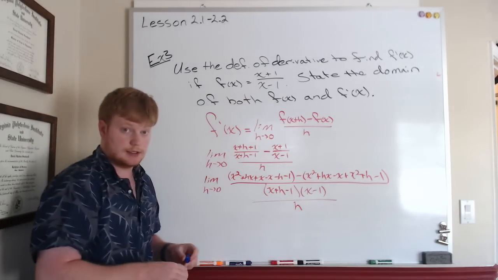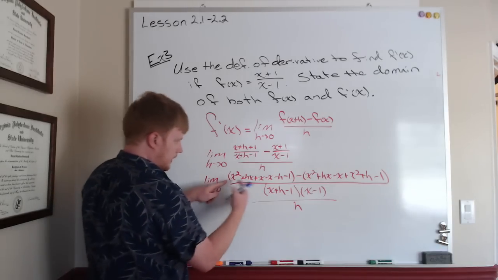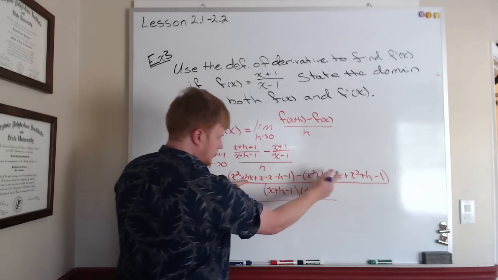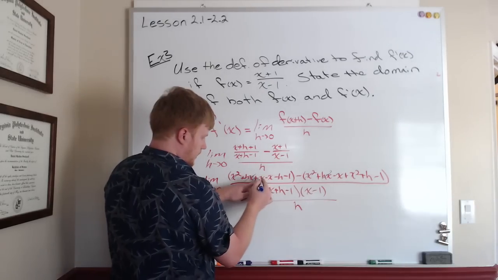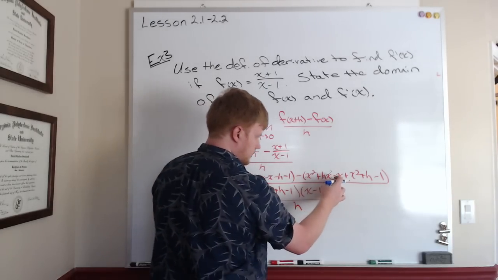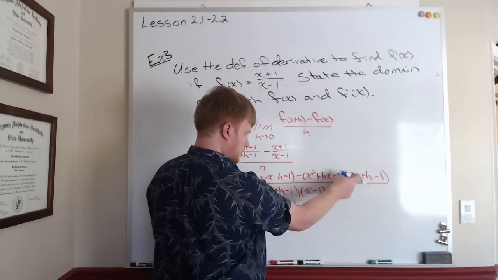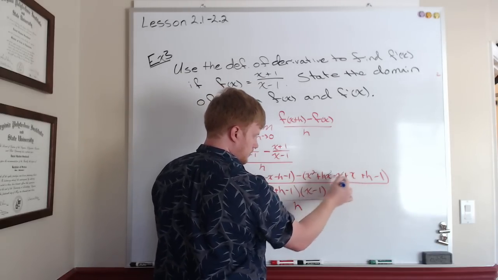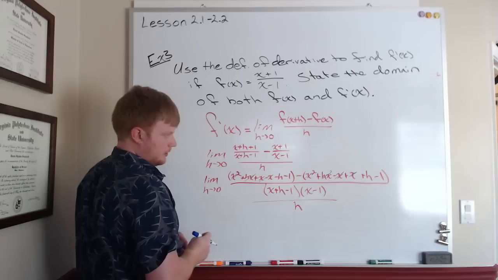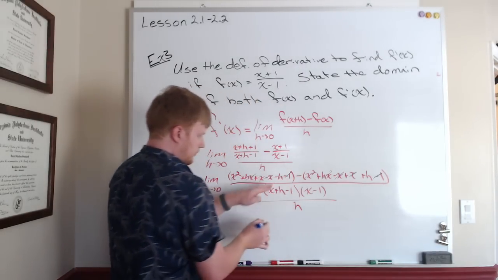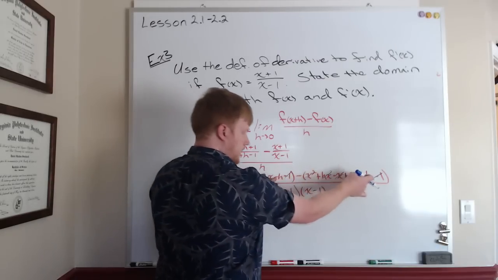I'm going to mark those in a separate color. So we have x squared minus x squared. We have hx minus hx. We have x minus x. X, negative x. Oops. I think that was supposed to be a positive x. Negative x plus x. And the negative 1 minus a negative 1. We're left with negative h minus h.